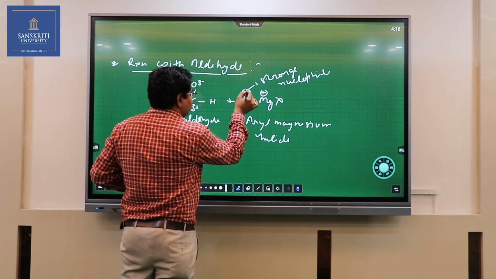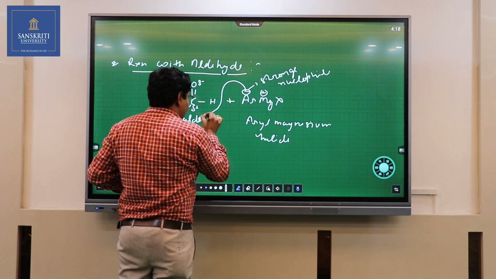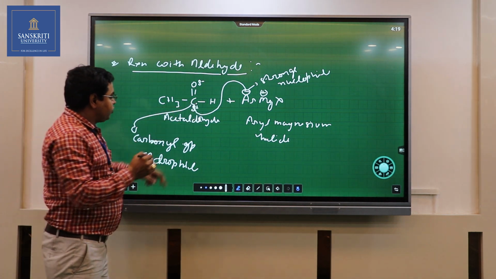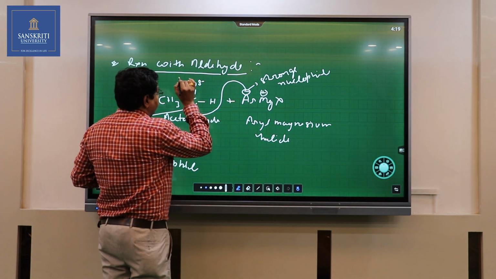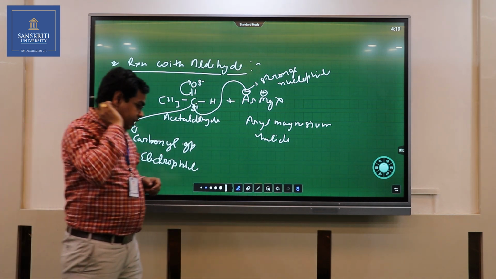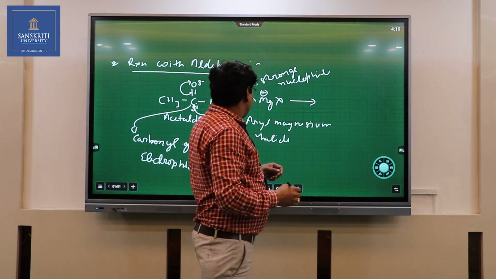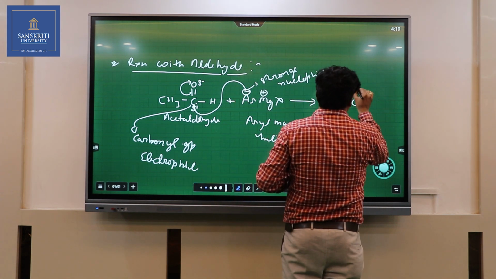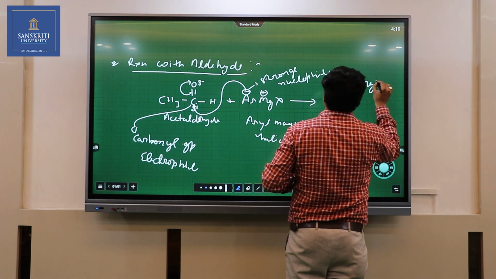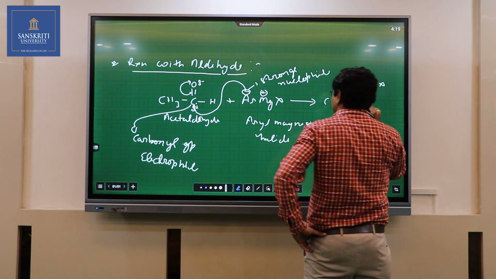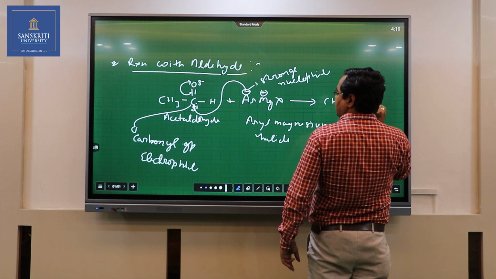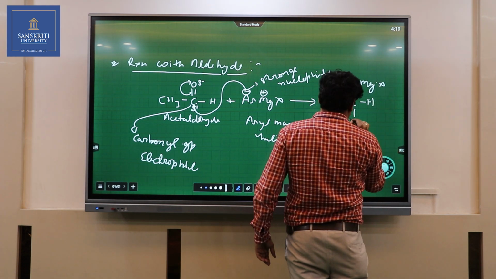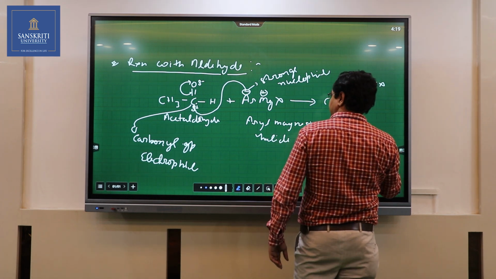So Ar attacks the carbonyl functional group, that is the carbon atom, which pushes the electron toward the oxygen atom. Finally, we get an intermediate compound like CH3, H, Ar, OMgX.